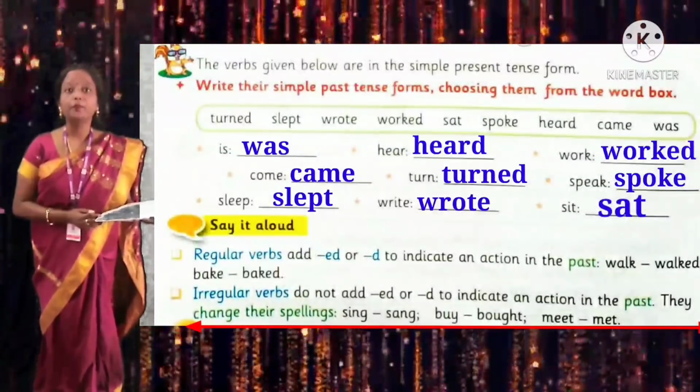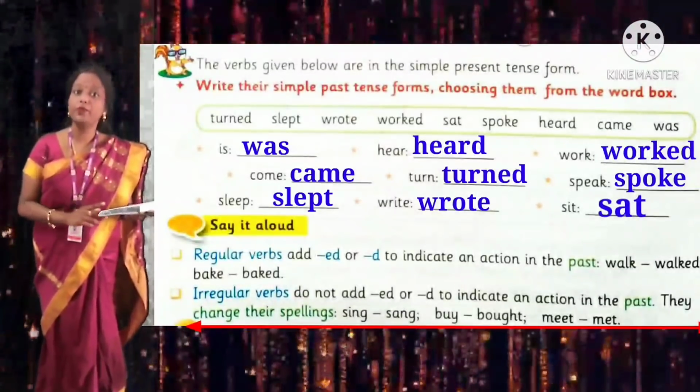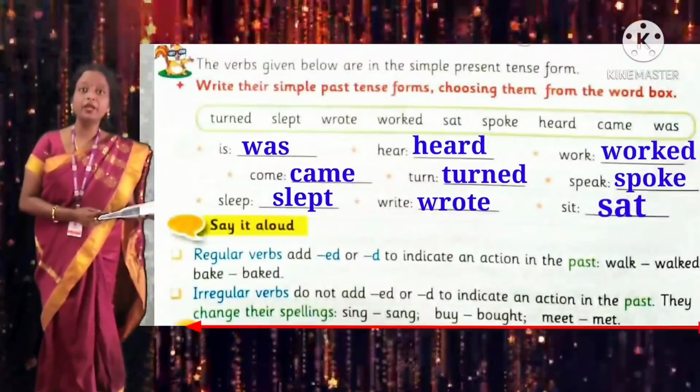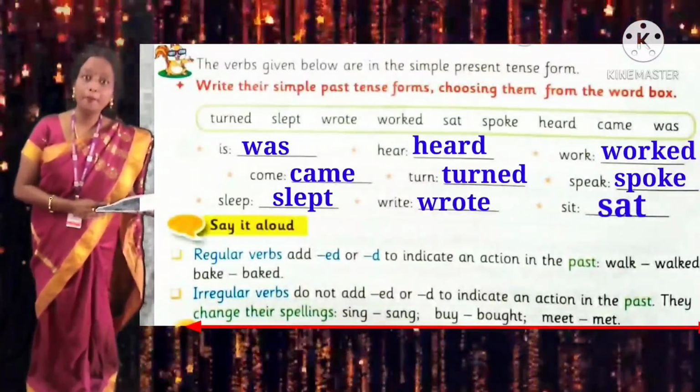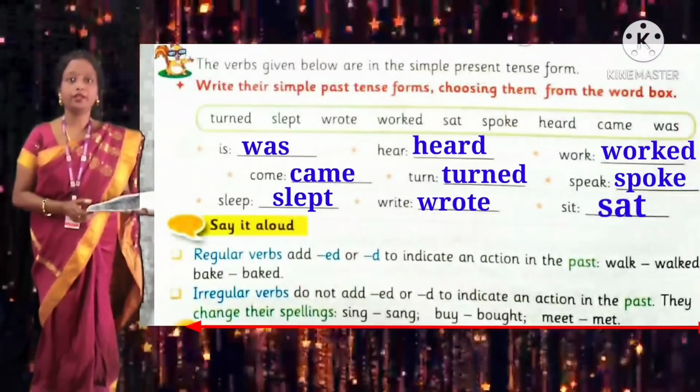Now meet. We will not say, children, meted. For meet, the past tense will be met. M-E-T, met. Okay? Meet, met. Okay, children.